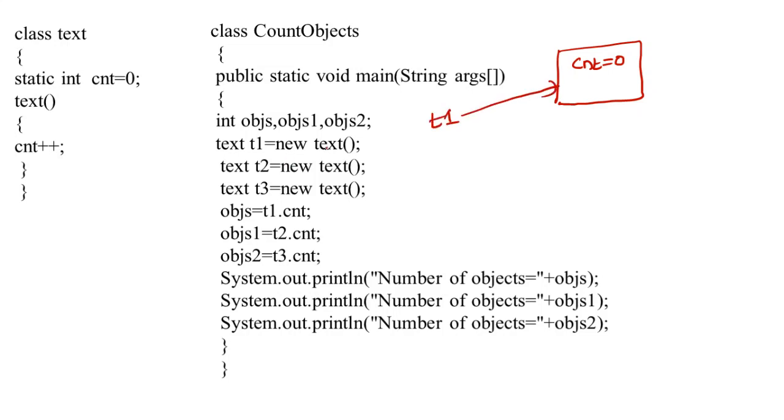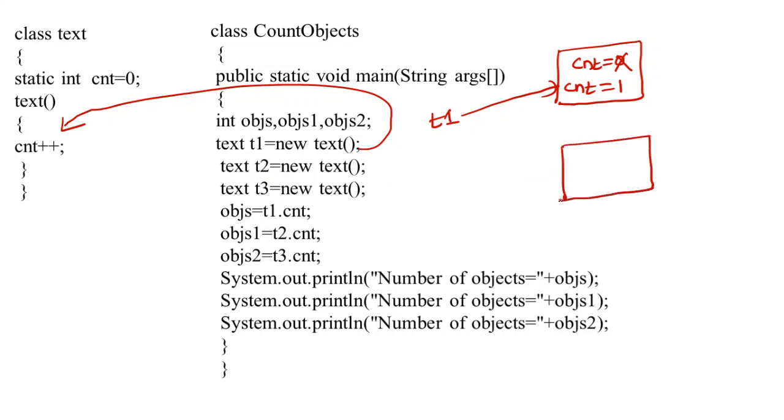Once you create an object, control automatically goes to the constructor. What is the duty of the constructor here? It is incrementing cnt by 1. The previous value of cnt is 0, now cnt will be 1. Now I am creating another object, referred to by t2.